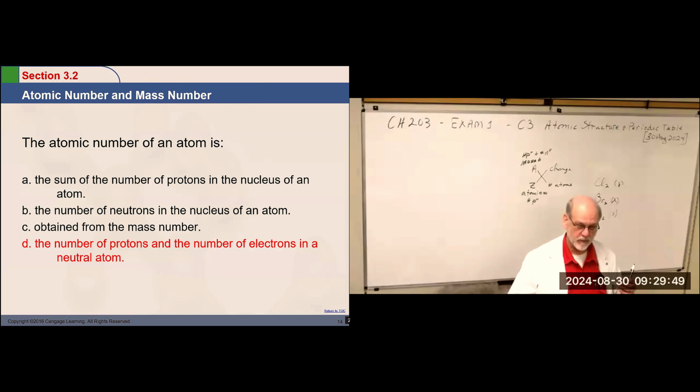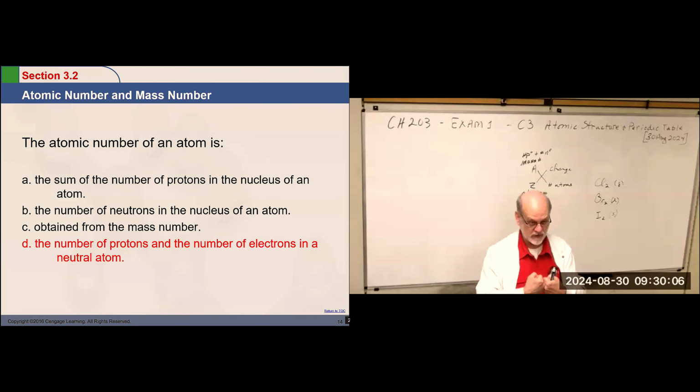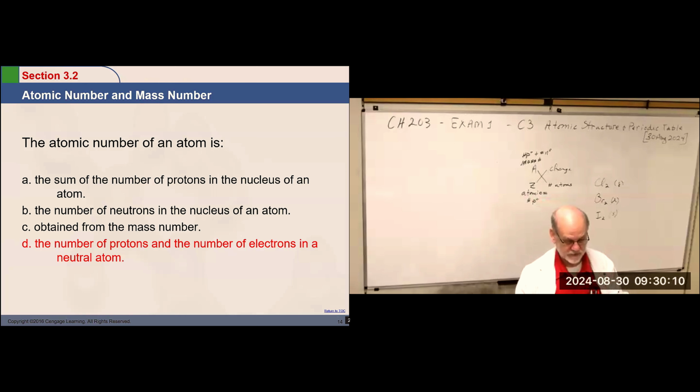Because we determine chemical properties based upon how they react with other elements. So when two atoms of the same or different elements approach one another, what do they see first? They see electrons. So electron interaction is where the chemistry happens. That's where we're going to place our focus, on electrons.